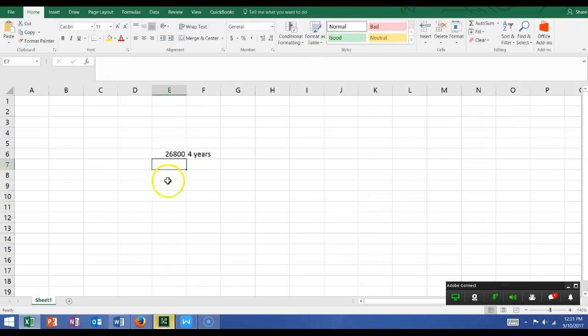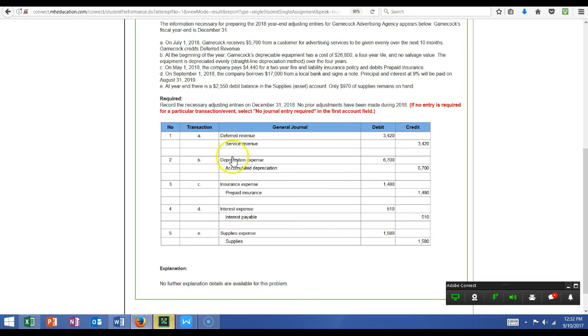So what we would want to do is our $26,800 divided by 4 years would give us a depreciation of $6,700 each year. So we debit our depreciation expense, $6,700, and we credit our accumulated depreciation, $6,700.